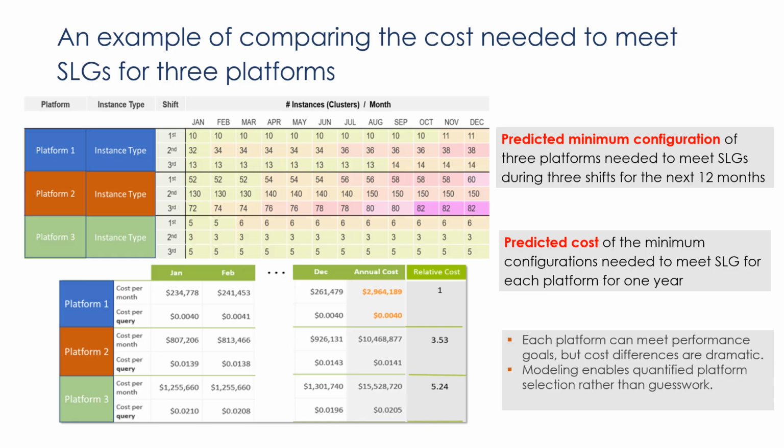But the second table shows the difference in cost required to meet the service level goal. And as we can see, the cost difference is really dramatic. So predictive modeling enables quantified cost-performance comparison, not just guesswork.